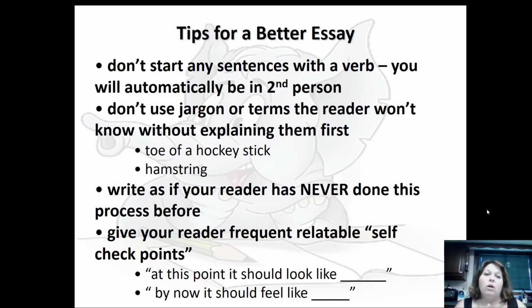One should, one must. "One" is always really popular when you first learn how to do this type of essay. But basically, if you find yourself, upon editing, starting a sentence or an independent clause with a verb, put a human in front of it in some way, shape, or form, and that'll take you out of second person.